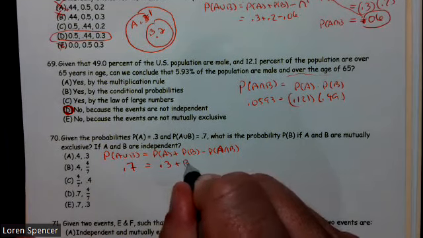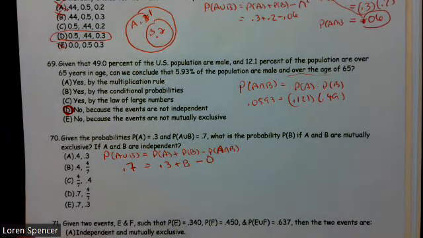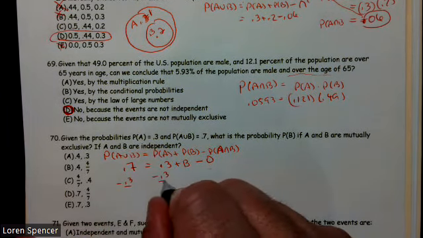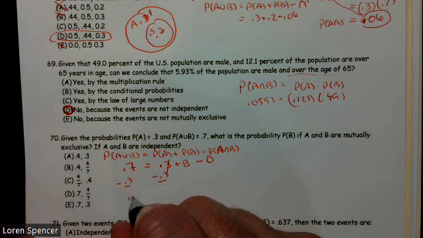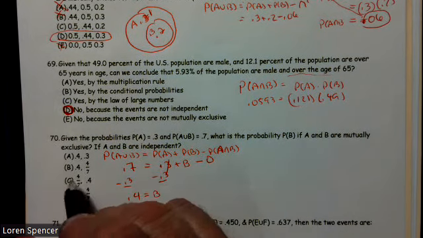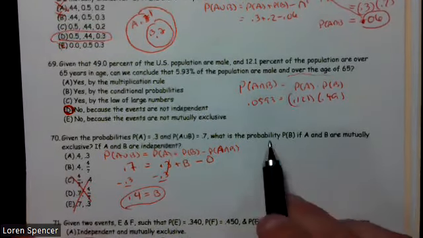We don't know B. That's what we're looking for. But we do know that the intersection is 0. So if I subtract 0.3 from both sides, I find out that 0.4 equals B. All right, so that gets rid of these three. We know the probability is 0.4 for B.